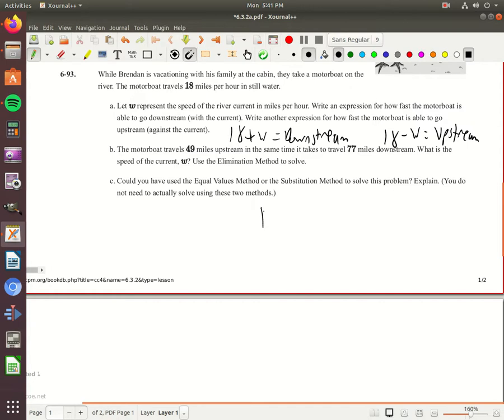So we have distance equals rate times time, right? So the distance is going to be the same either way. Oh, wait a minute. No, I guess it's not the same either way. So the time is going to be the same either way.